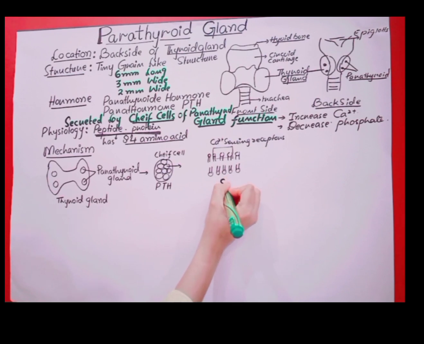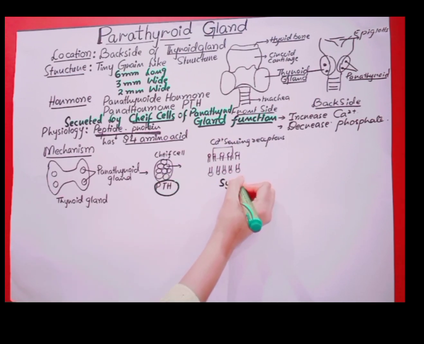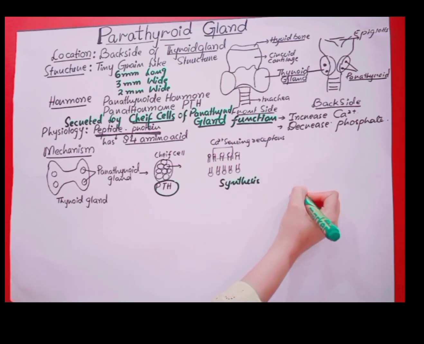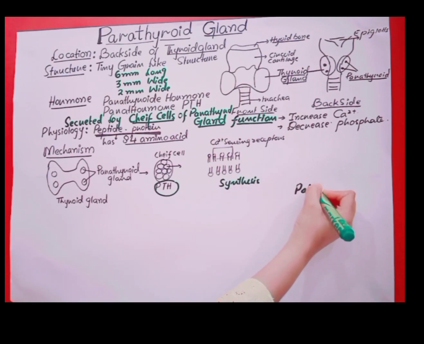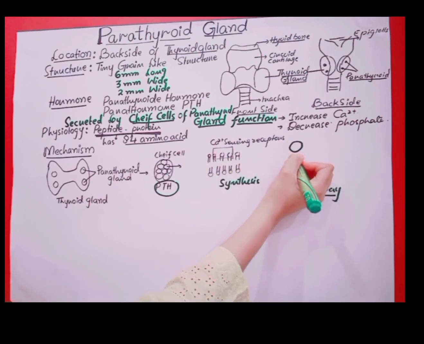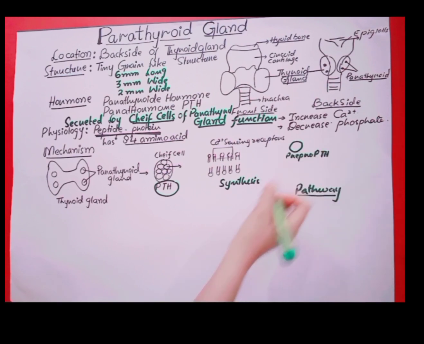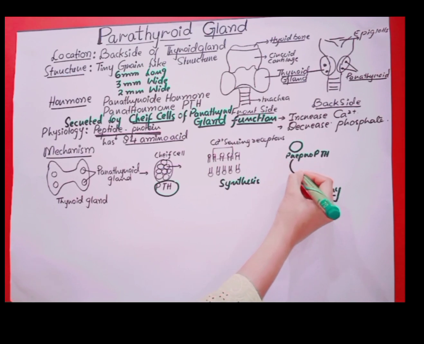How does the synthesis of this PTH, parathyroid hormone, take place? For this, we have to look at the pathway. The synthesis of PTH starts with a precursor called pre-pro-PTH. This precursor later converts into pro-PTH.